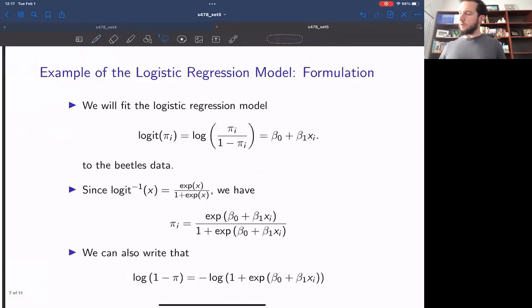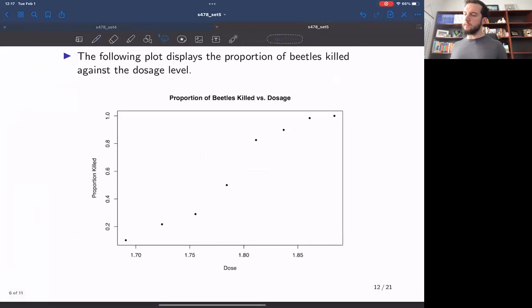All right, so here is a visualization of the data. Now, one of the key things that we can take away from looking at this is it's definitely not linear, right? So it's pretty obvious that the proportion killed, or the probability of death given exposure to the different dosage levels, is not linear. But you wouldn't expect it to be linear because the probabilities are going to be bounded between 0 and 1.